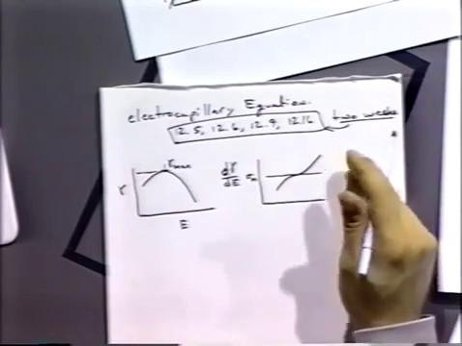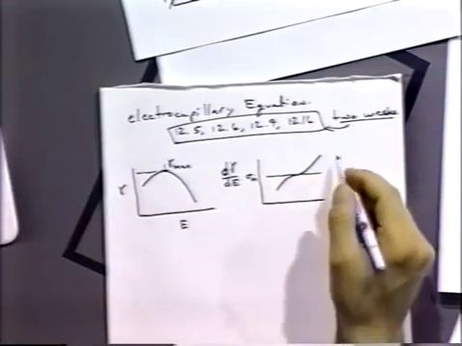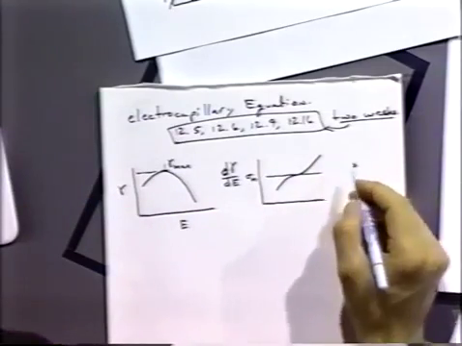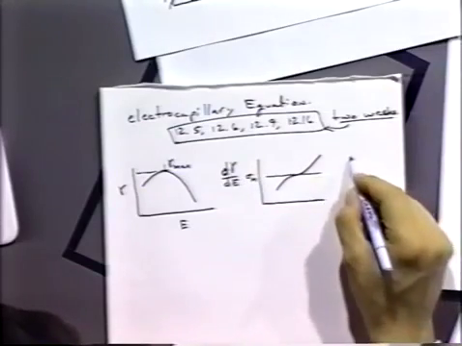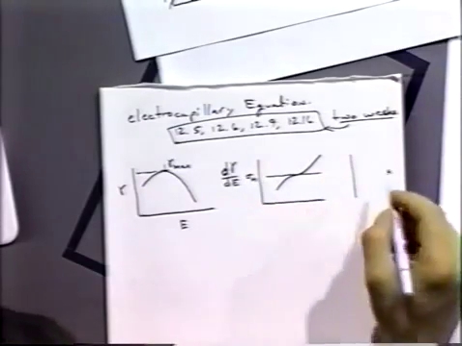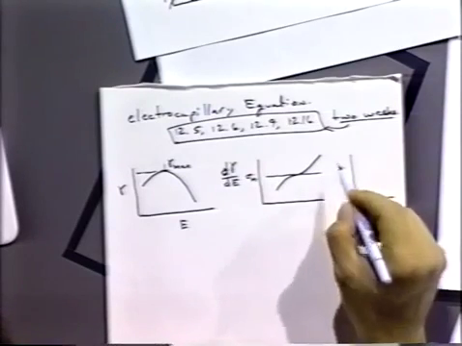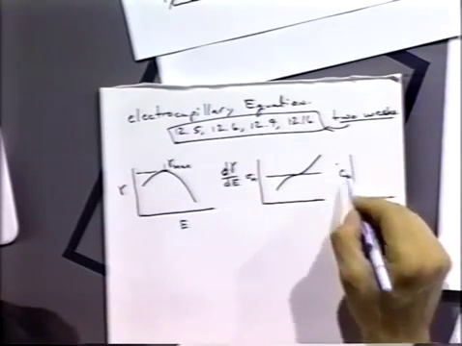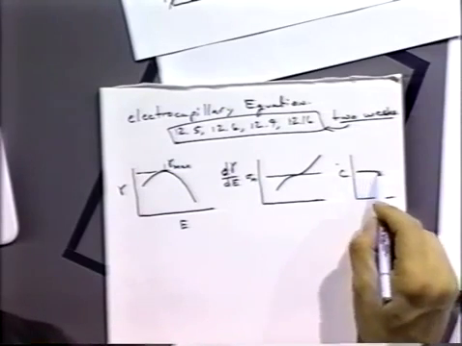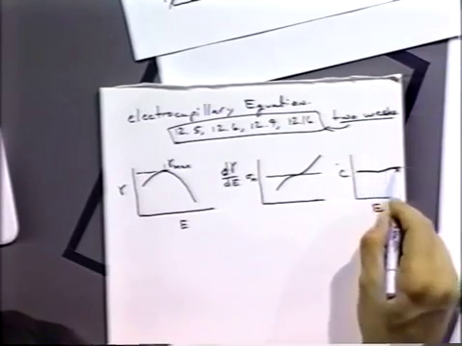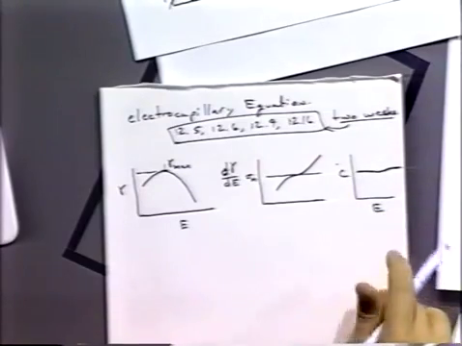Then if we take the derivative of the surface excess on the metal and take the derivative again, we get the capacitance versus E. I'm drawing it as not a straight line, but with a subtle dip in the middle.